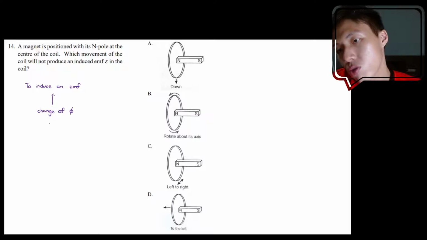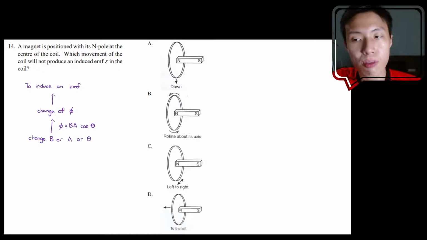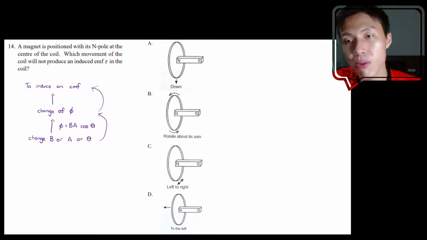To create a change of magnetic flux, because you know that phi is equal to BA cos theta, you need to change either B or A or theta. So you have to make sure either one of these is changed. Only then are you able to cause a change in magnetic flux and induce an EMF. That's what we want to check.